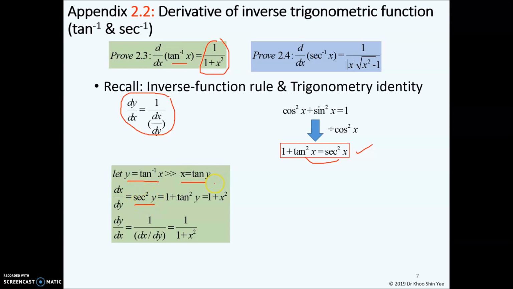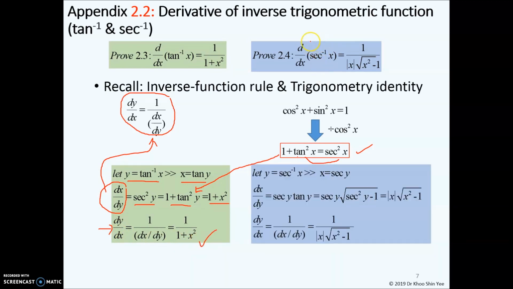And then secant square y, from this formula, will be just equal to 1 plus tangent square y. Okay, we substitute using the identity. And then since tangent y is equal to x, then we can get this answer. So this is your dx over dy. We substitute inside this rule, we get back the dy over dx, which is the answer.